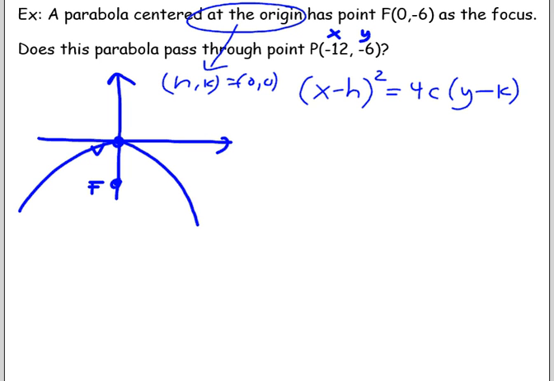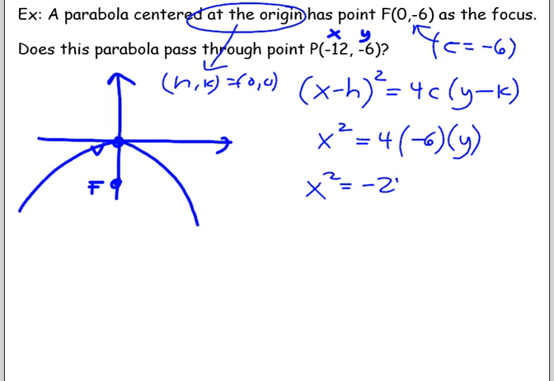So you can just plug that in. So I have x squared equals 4c y. If I know my focus is at negative c, then my c is equal to negative 6. So then 4 times negative 6 times (y minus k), which is 0. So my rule is x squared equals negative 24y.